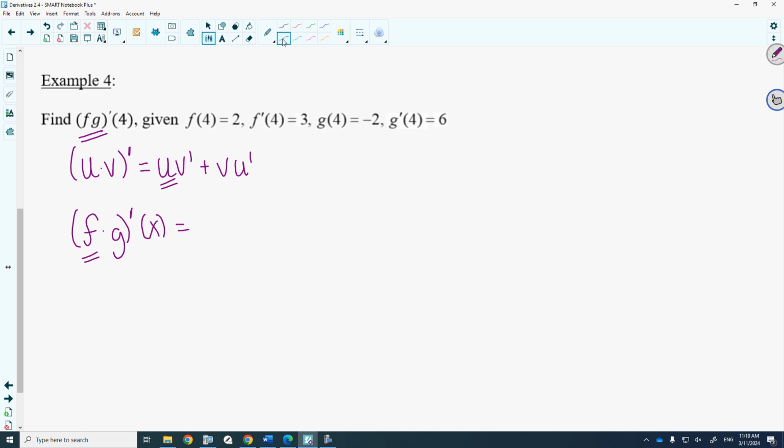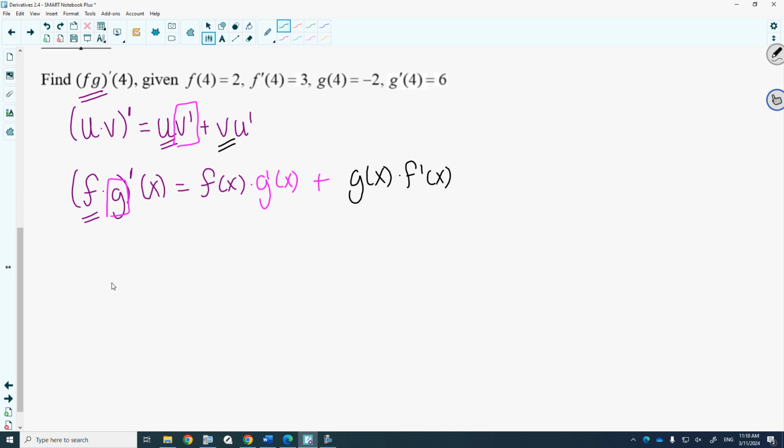So u is f of x times v prime would be the derivative of g, plus v, sorry, that's not v. So u v prime plus v is g of x times u prime would be the derivative of f.